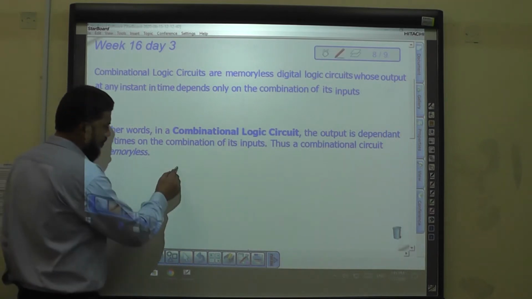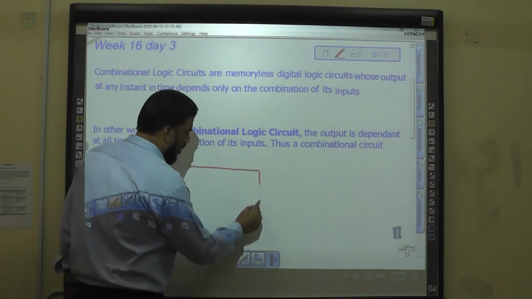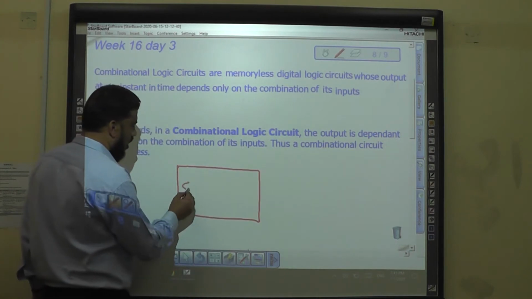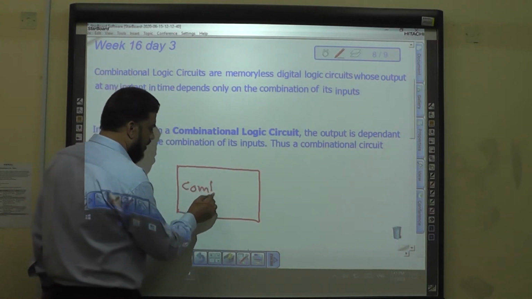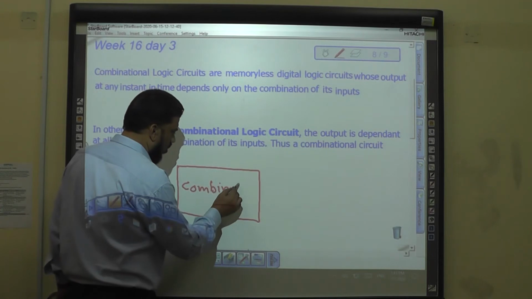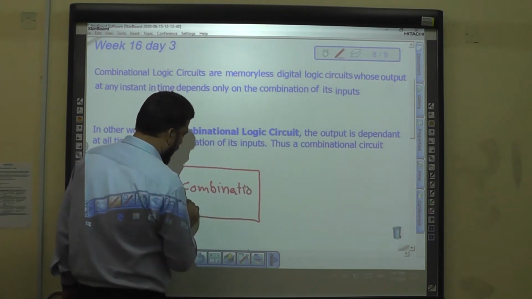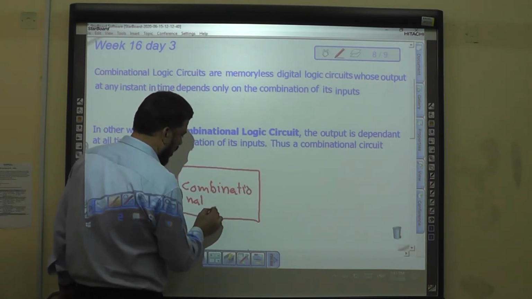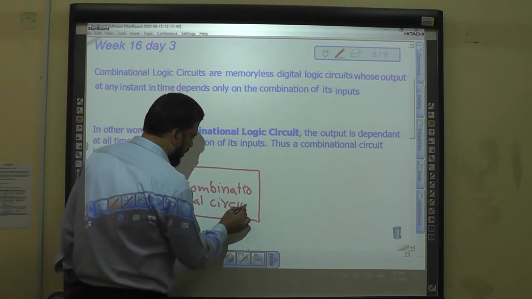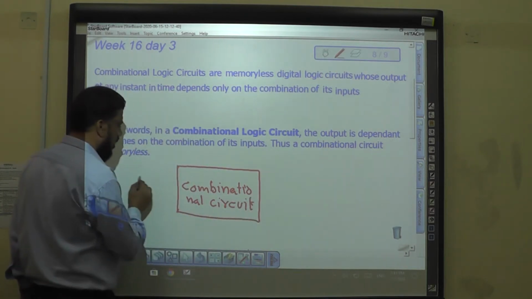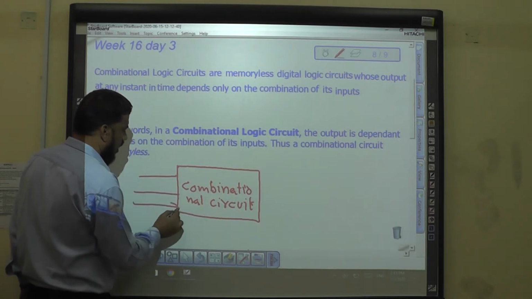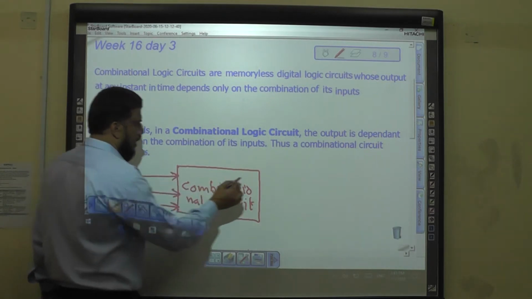For example, a combinational circuit may be AND or NOT, any type of circuit, and that output will depend totally upon inputs.